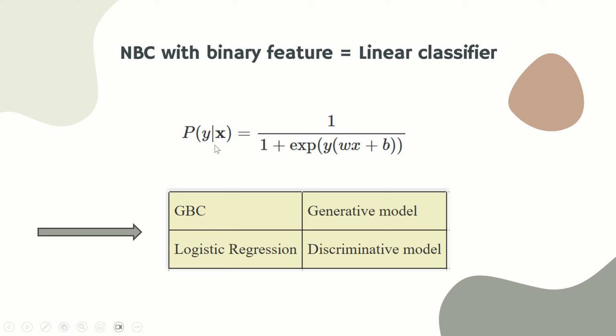It uses Bayes' theorem to calculate P(x given y), as I have presented before. But logistic regression, on the other hand, is a discriminative model. A discriminative model tries to estimate this term directly. So although they share the same formula, the meaning of the parameters in this formula is different.